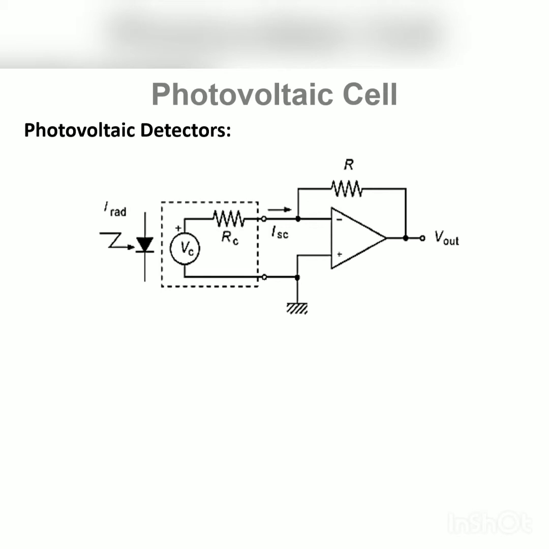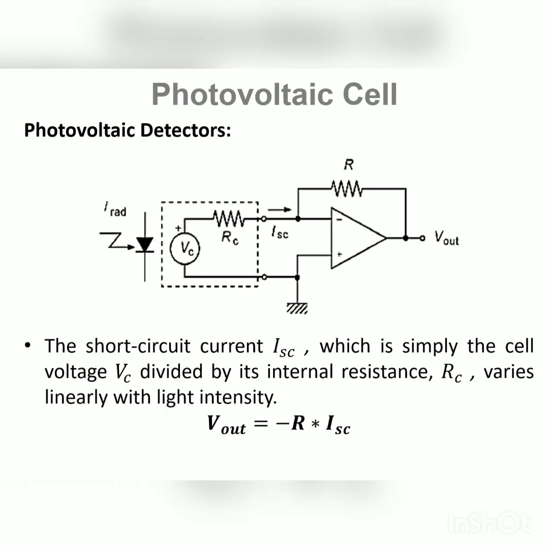When we have to convert it into an output voltage, we can simply connect an operational amplifier with a certain feedback resistor value R, as shown in the diagram. The short circuit current ISC, which is simply the cell voltage Vc divided by its internal resistance Rc, varies linearly with light intensity.